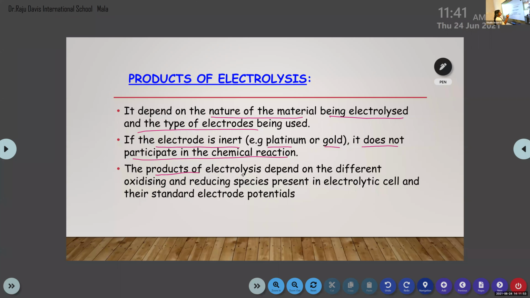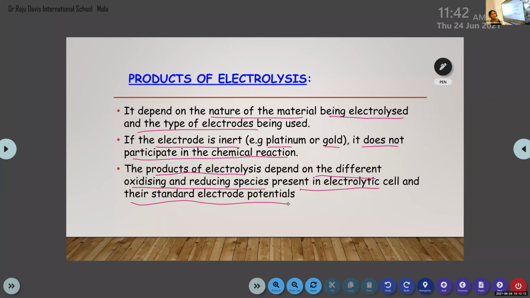Then the products of electrolysis depend upon the different oxidizing and reducing species present in an electrolytic cell and their standard electrode potentials. We have learned the standard electrode potential of some elements in the electrochemical series, right?